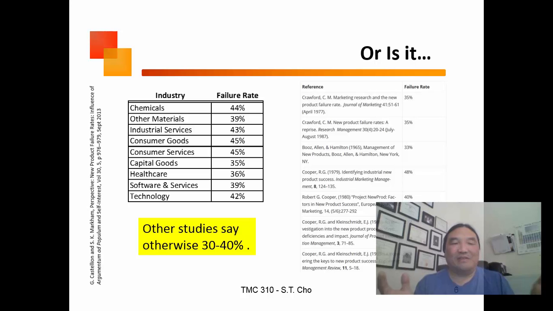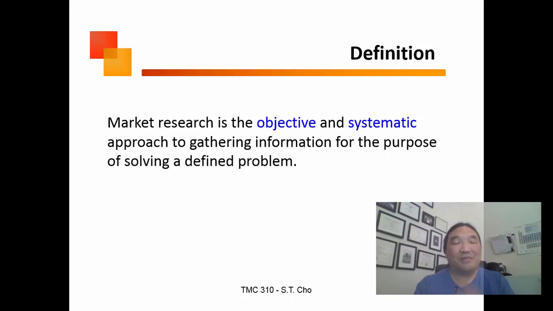So reality probably lies between the two, but the point is that new products fail pretty readily. This is where market data becomes so important. That gives you a better chance of being successful.